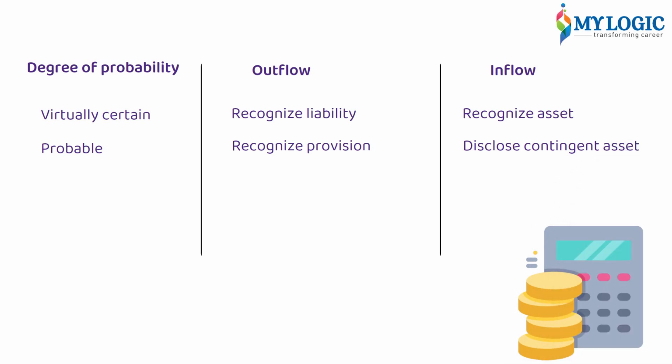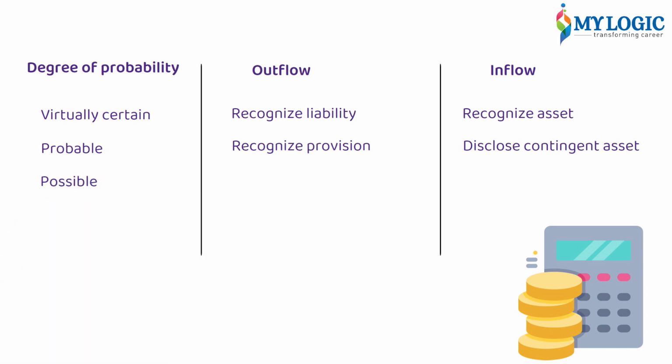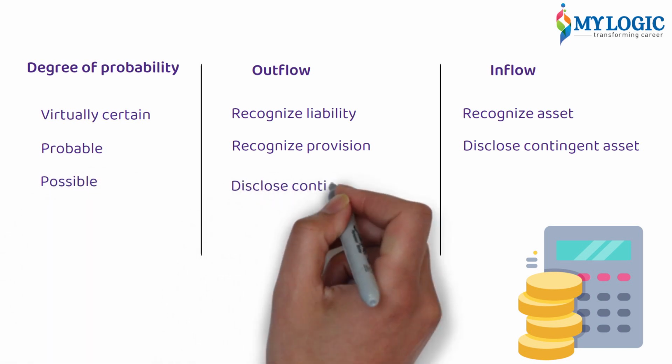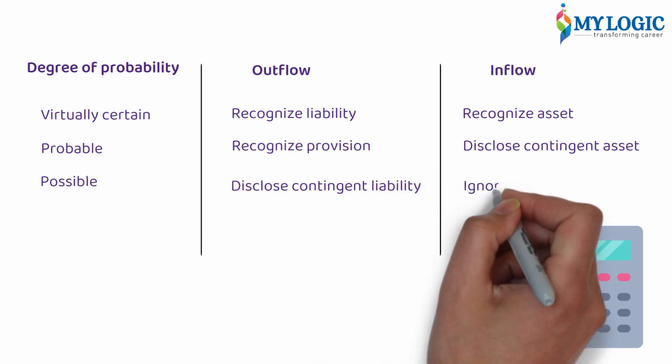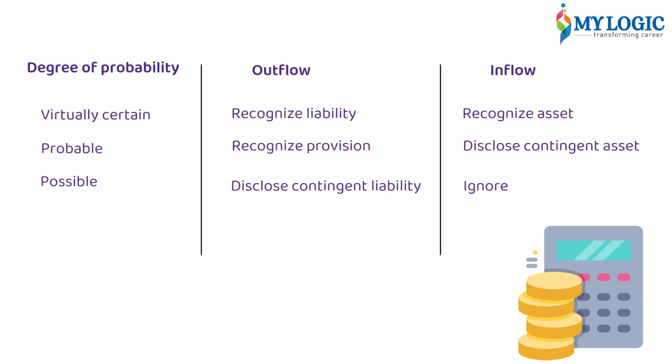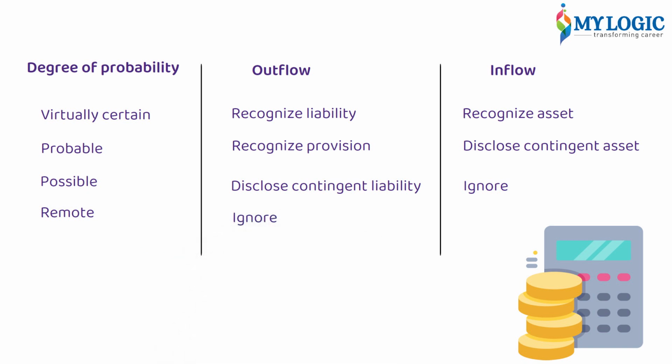For degree of probability, possible, outflow, disclose contingent liability, inflow, ignore. For degree of probability, remote, outflow, ignore, inflow, ignore.